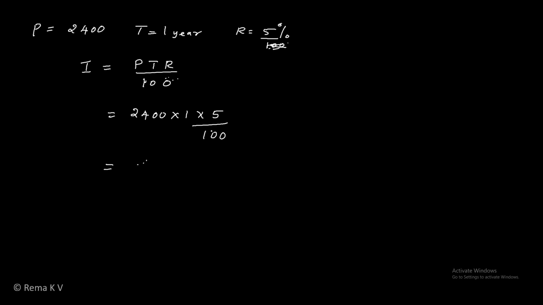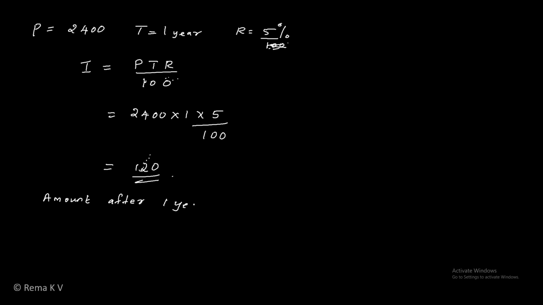So simplify this one, 0, 0 get cancelled, 24 into 5. It is 120. Simple interest is rupees 120. Okay, now the amount after 1 year.